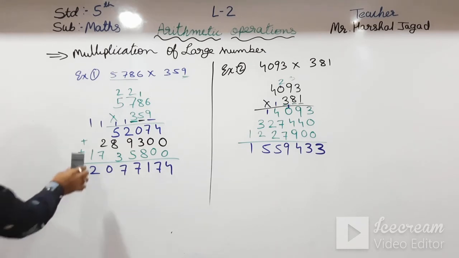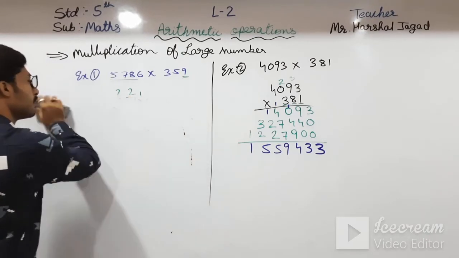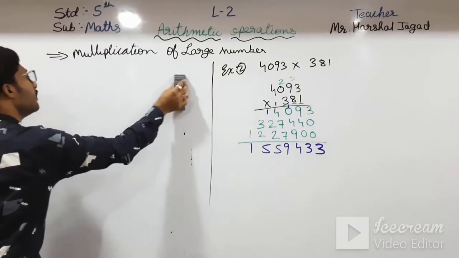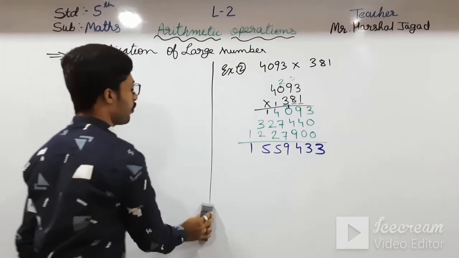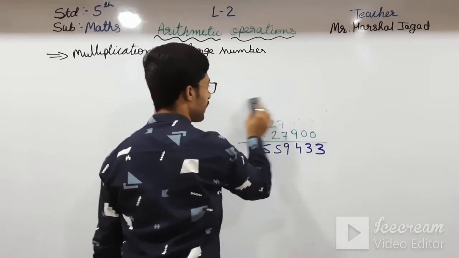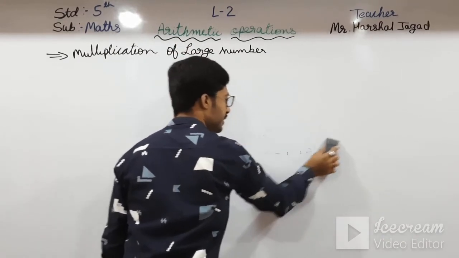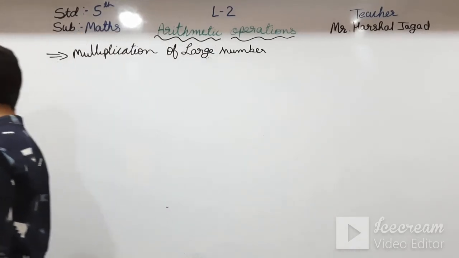Now it's time for your homework, students. Please note down your homework. I hope you have seen how to do the multiplication of large numbers. You can do it easily because you have seen in the previous class how to multiply this.